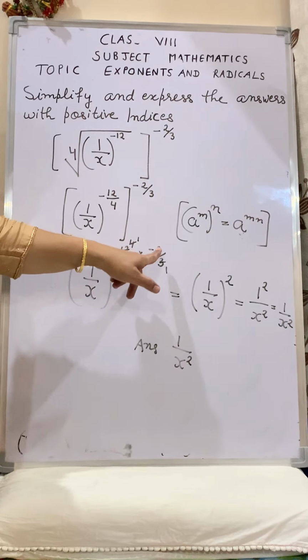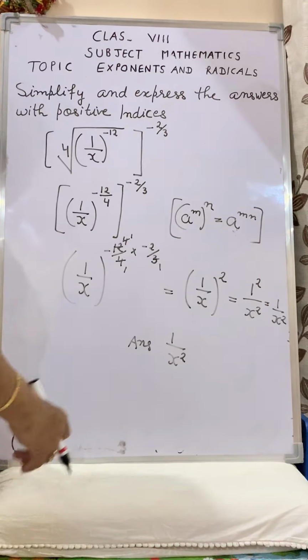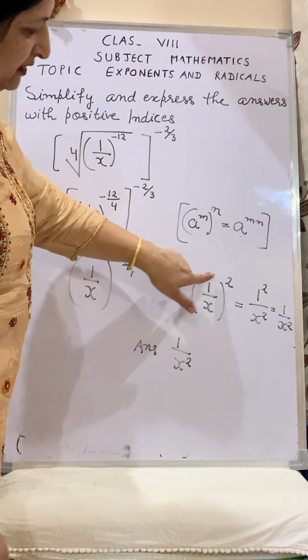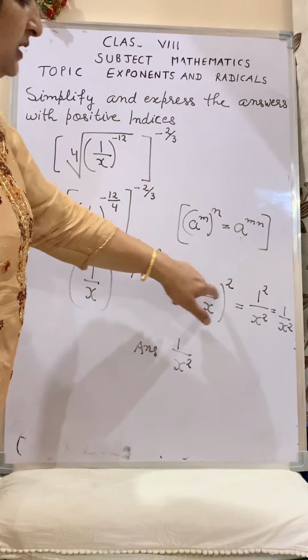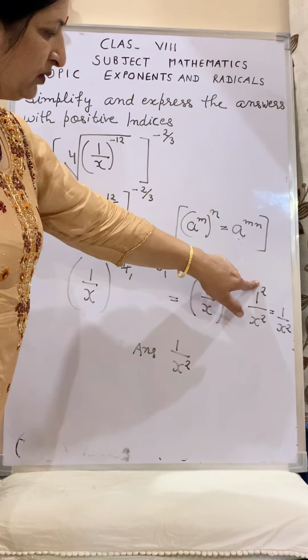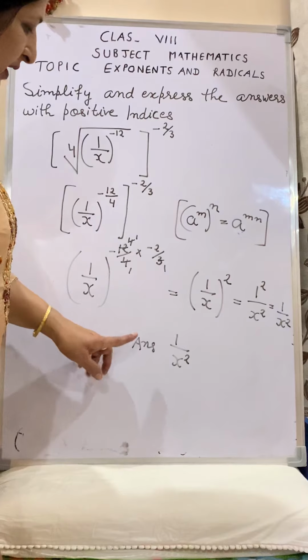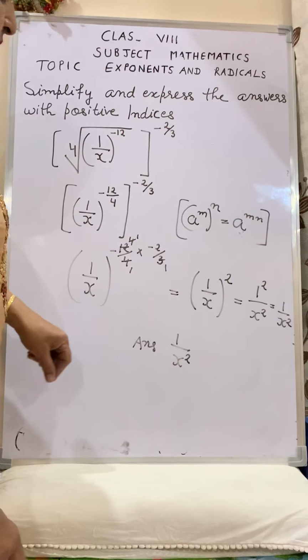So it is the exponent. When we solve it, the numerator is raised to power 2, and the denominator is also x raised to power 2. When we solve 1 raised to power 2, it will be 1 and it is x raised to power 2. So the answer is 1 by x raised to power 2. Thank you.